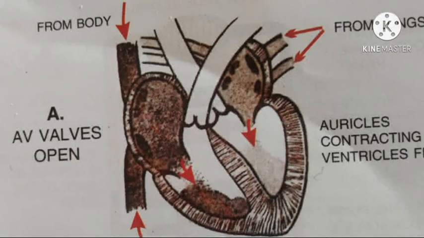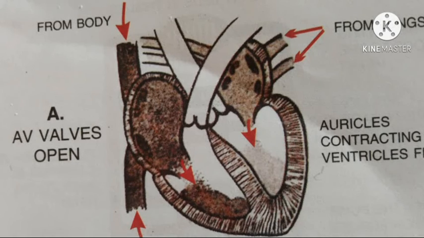Simultaneously, the oxygen-rich blood is returning from the lungs and is received in the left auricle. So the left auricle contains oxygen-rich blood. The right auricle contracts and pumps deoxygenated blood into the right ventricle.